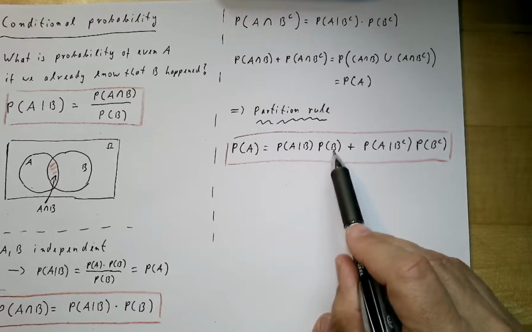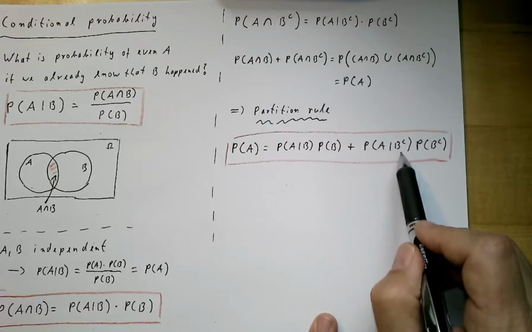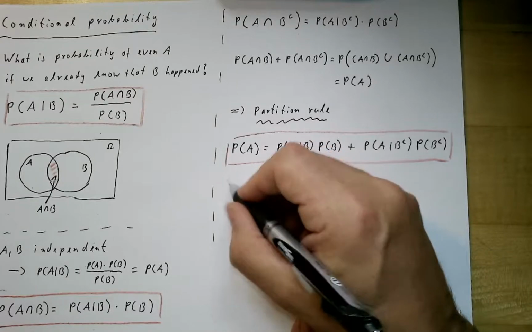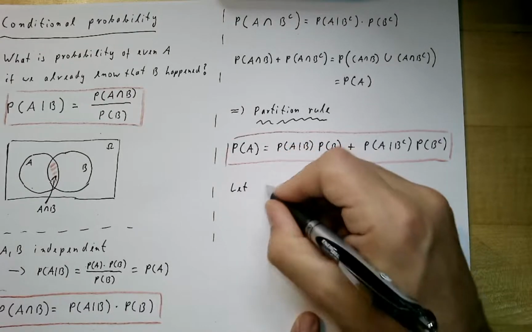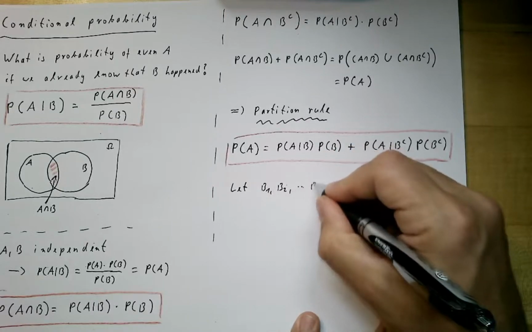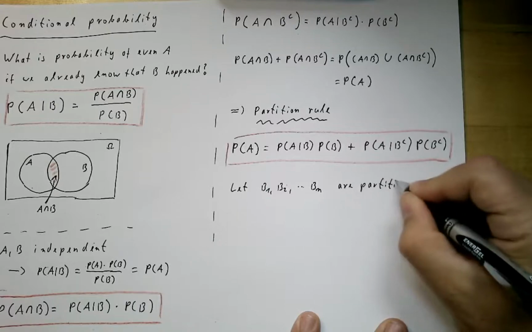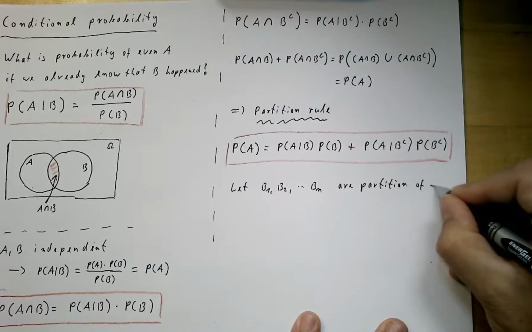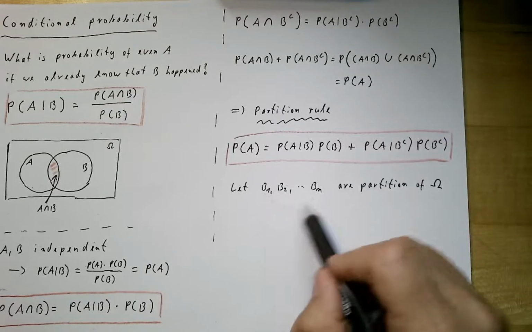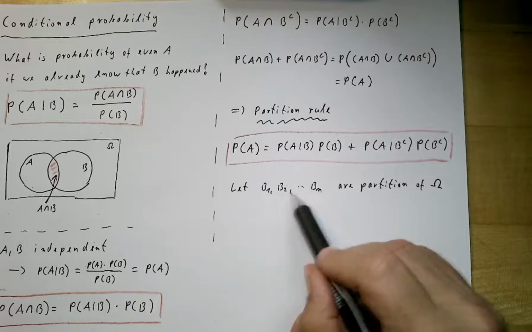So here, for the moment, we used only B and the complement of B, so we had just 2 sets, but we can generalize this to an arbitrary partition of our sample space. So what happens if B1, B2, until Bn are a partition of omega? What do we mean by partition? This means the union of all these sets is the whole sample space, but they all have zero intersections.